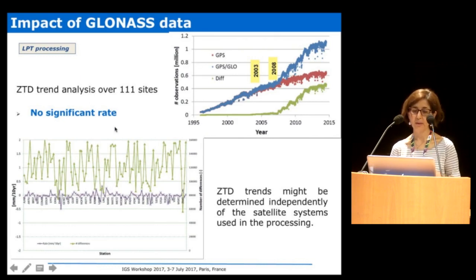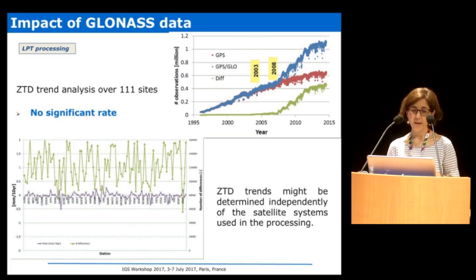What we found is that there is no significant difference, which means that the additional GLONASS observations have a neutral impact on ZTD trends, and that these ZTD trends might be determined independently from the GNSS satellite system used in the processing. This is important, especially in our near future, when we will have Galileo data and BeiDou data, and it is expected that these new satellite constellations will not introduce any systematic changes in the ZTD trends.